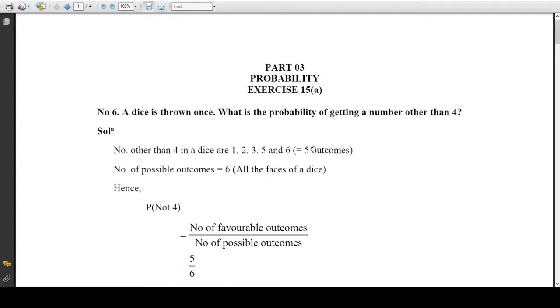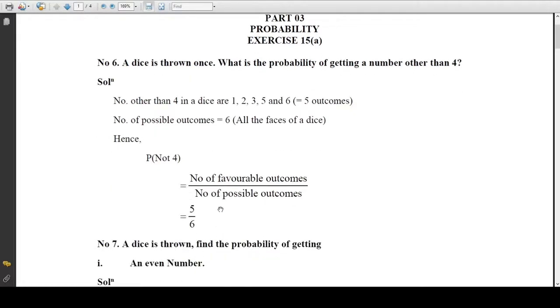That means how many outcomes? 5 outcomes, and the possible outcomes in a dice are 6, all faces of the dice. Therefore the probability of not getting 4 will be number of favorable outcomes by number of possible outcomes, which is 5 by 6.